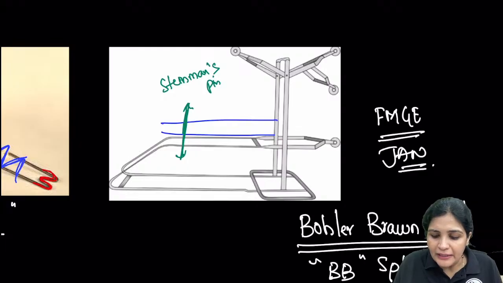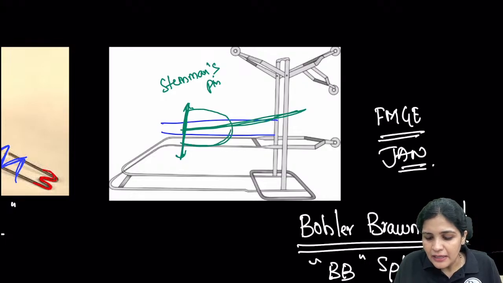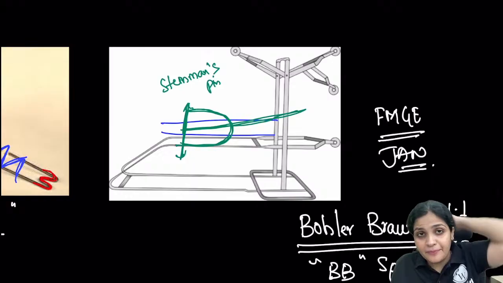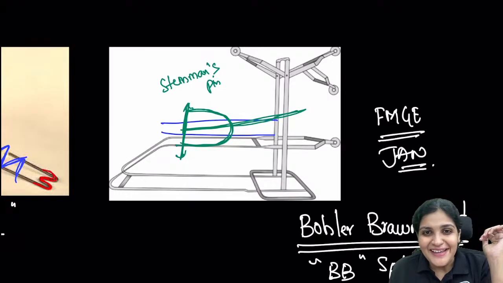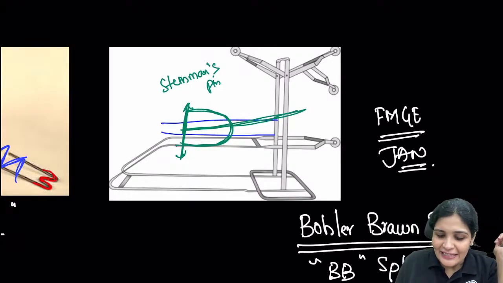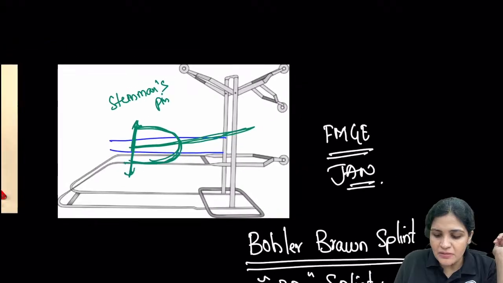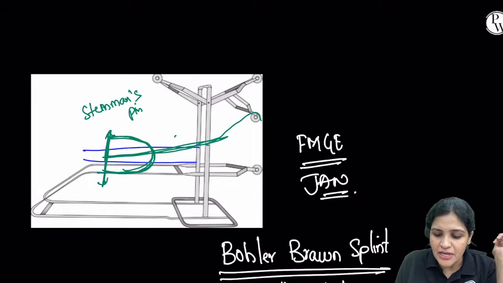Once you put the pin, you put the weight to that pin. And then this is the pulley which we use, and we put the weight to this.